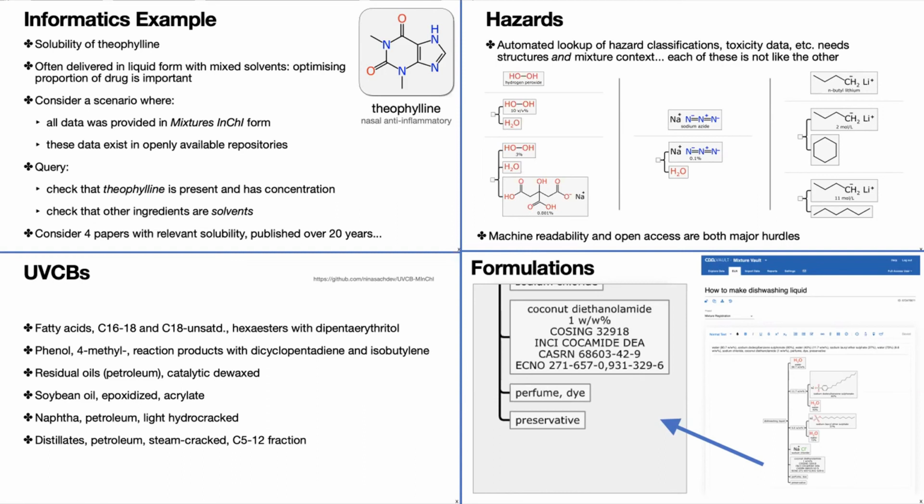And then the last use case that we've talked with the community about is UVCBs, and this is unknown or variable composition complex products from reactions or biologicals. So these are things that are definitely very complicated, unknown. It's hard to discern.